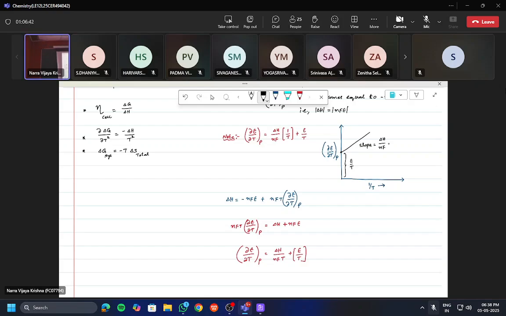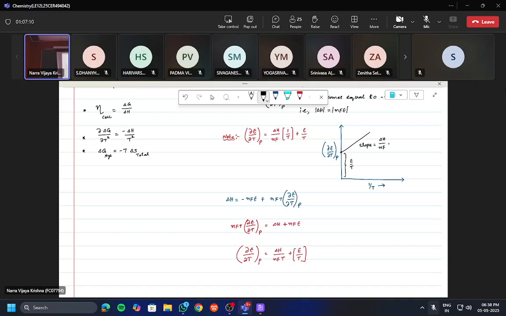If I multiply intercept with T, it becomes equal to slope. This is E by T; E by T is intercept, then slope is delta H by nF. Instead of that, if I write 1 by T here, E becomes intercept.